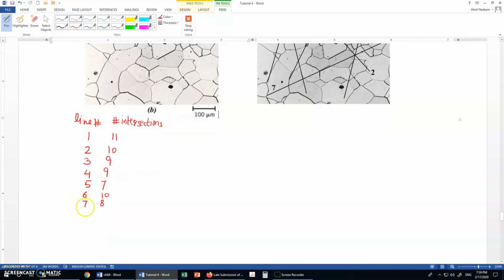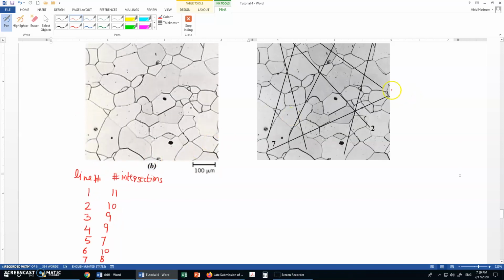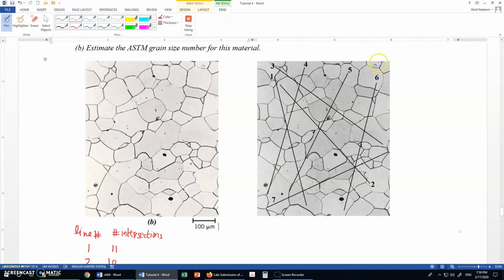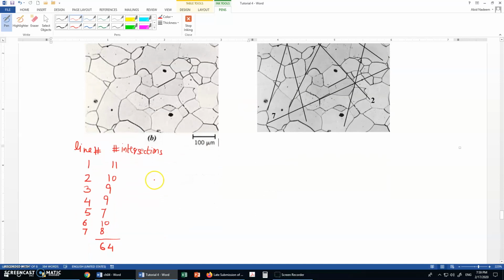After this you add up all these intersections, and the total will be 64. Remember that it depends on how you draw the lines, so these numbers may be different and your answer may be different, but of course you cannot expect a lot of difference.